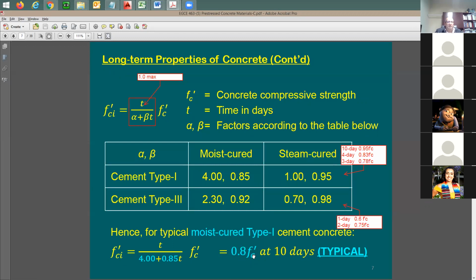Type 1. And which type of curing? Moist cured. Good. What happens if I have a steam cure and cement type 3? Do you know how to use these two values quickly and find the strengths? You remember this equation that we used in the past? Yeah, 75% after 2 days.